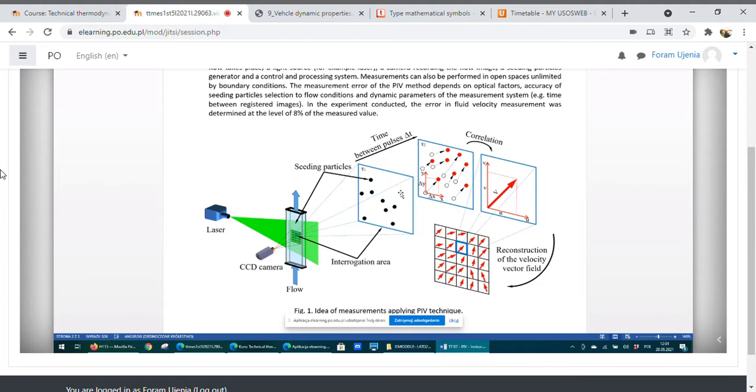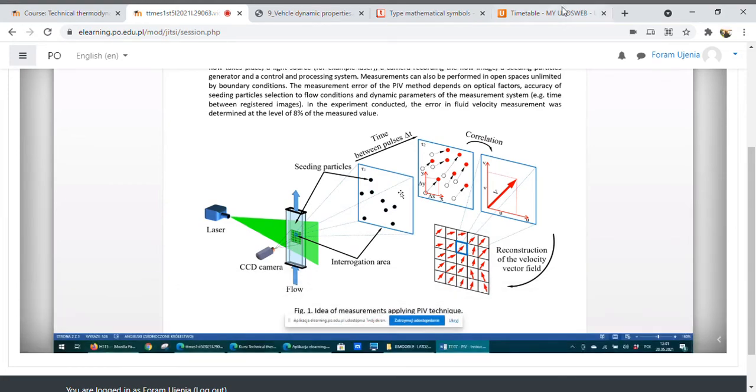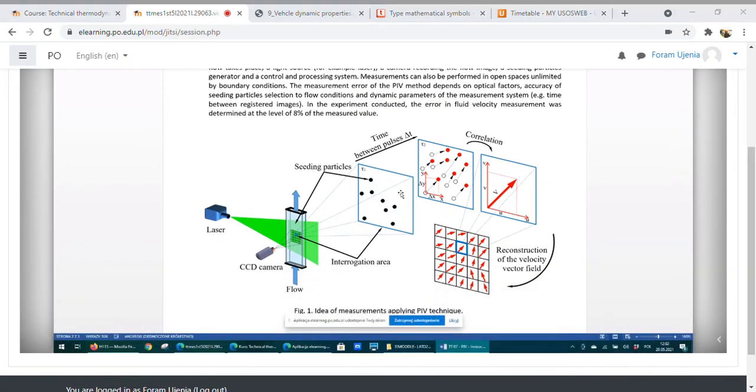What kind of particle is it? For water, for liquid, we use mineral particles, typically, for example, titanium dioxide or some plastic particles. For example, plexi is very, very good.